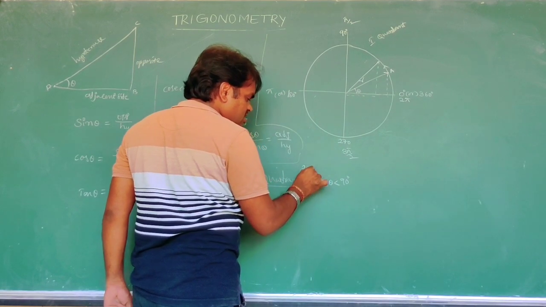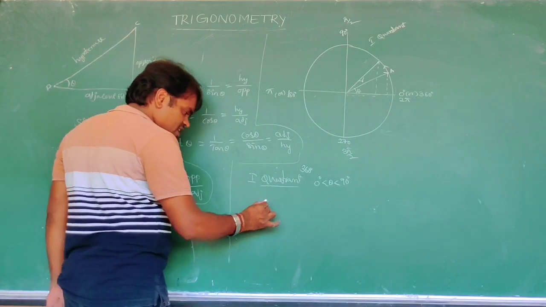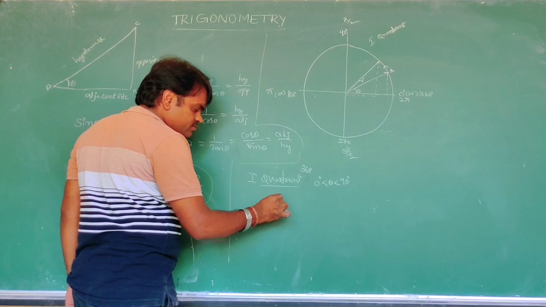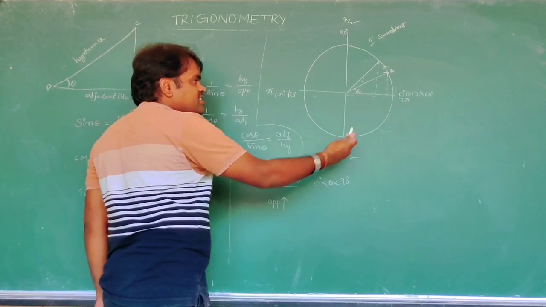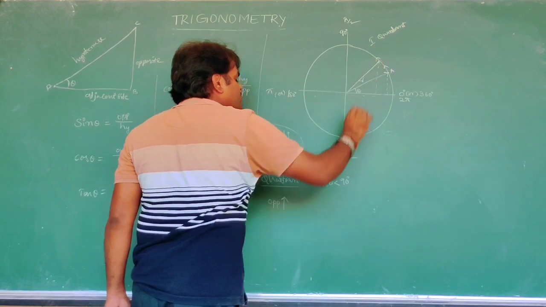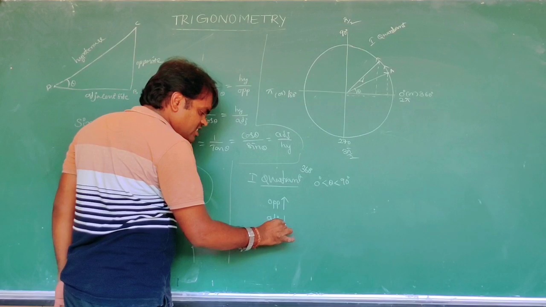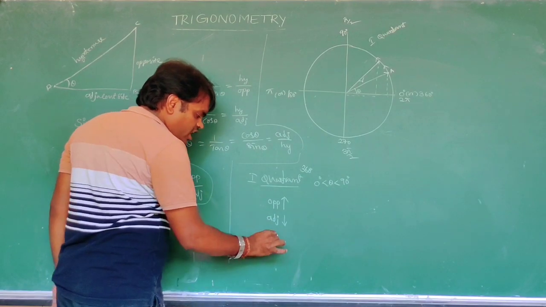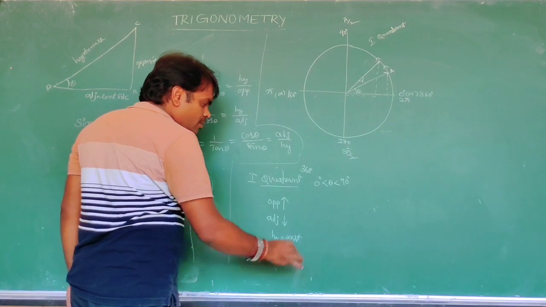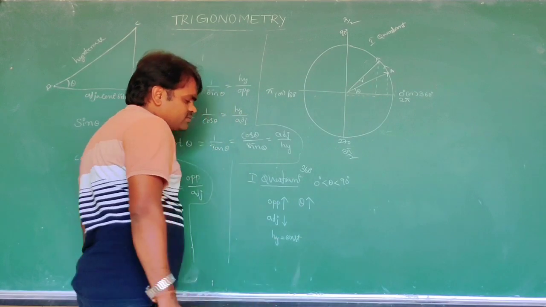In the first quadrant, what happens? The opposite side increases, the adjacent side decreases, the hypotenuse remains constant, but angle theta increases.